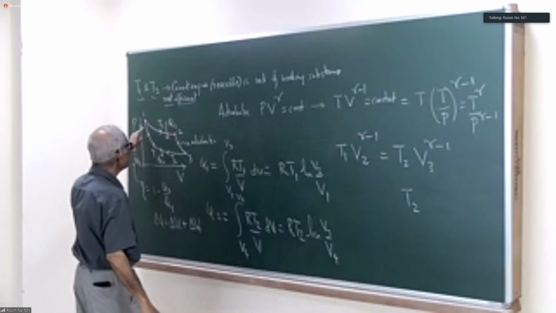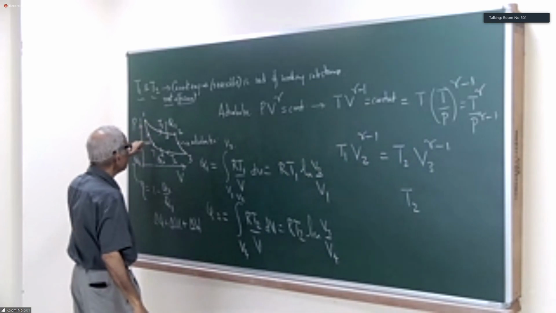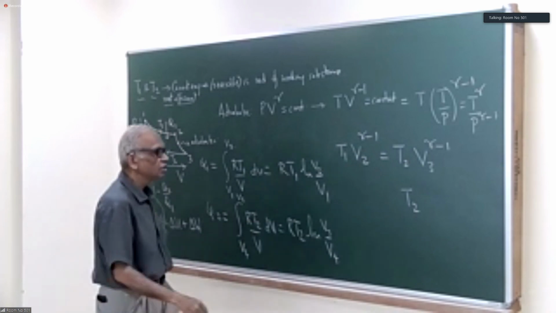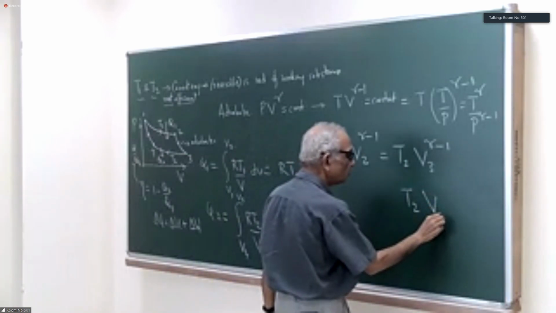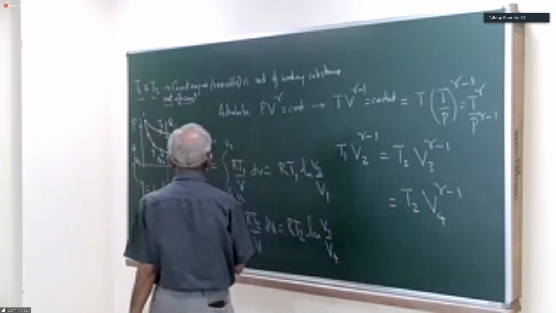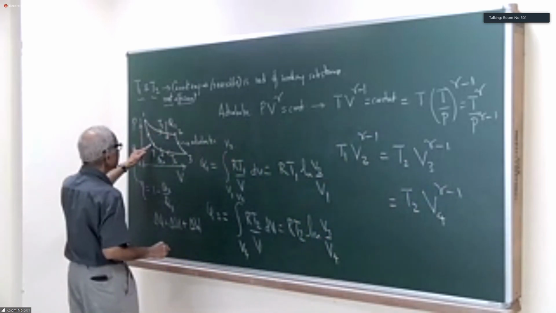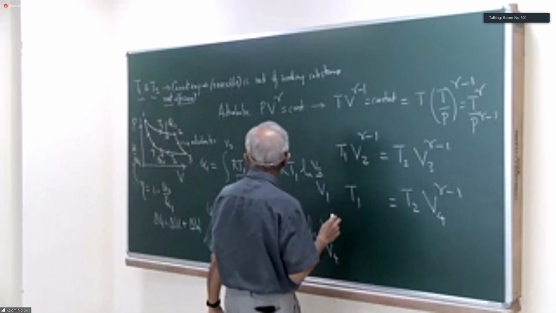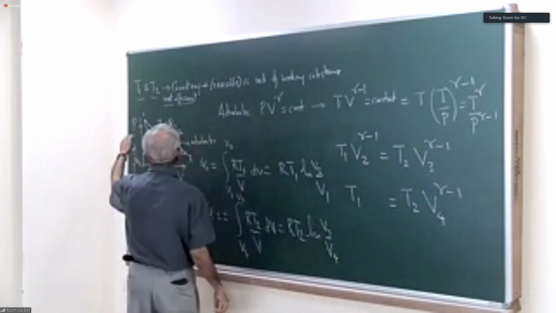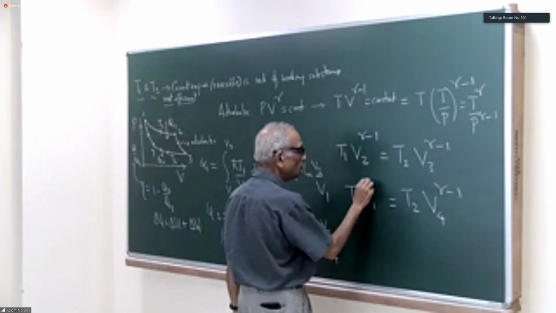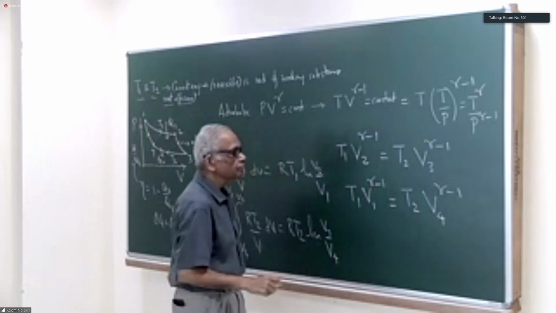At this point to here is another adiabat over here. Temperature is T2 and the volume over here is V4. So it is V4 to the power gamma minus 1, and that is equal to once again this T1, and it is back to T1 over here, and the volume is V1, so it is V1 to the power gamma minus 1.